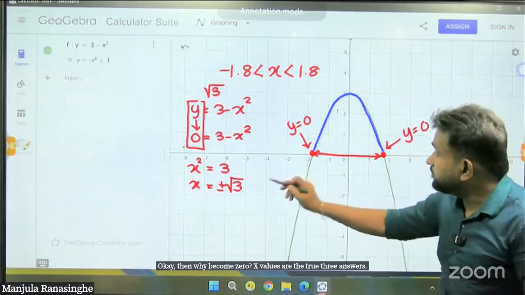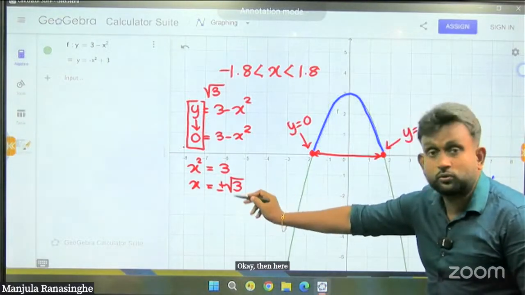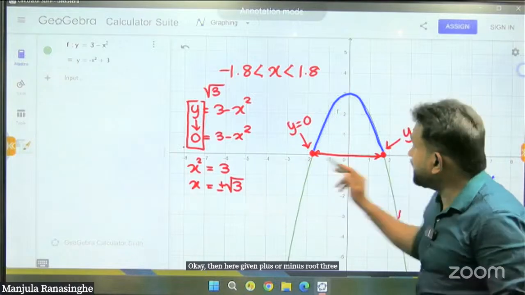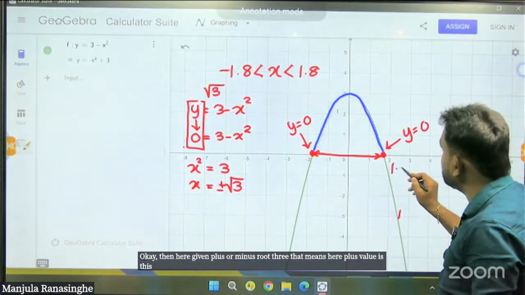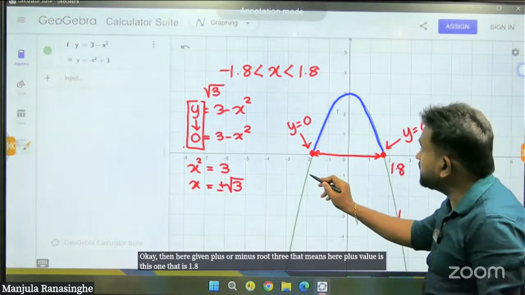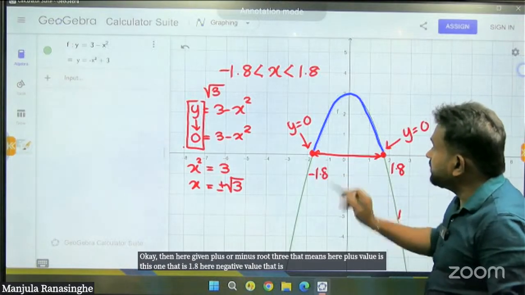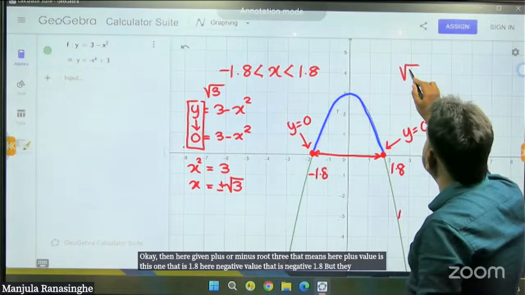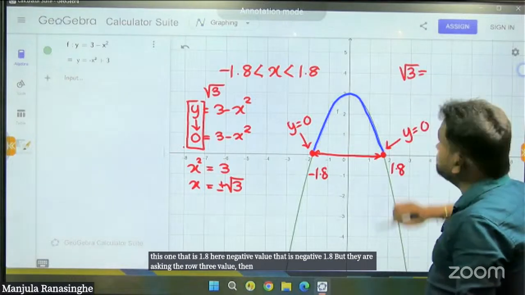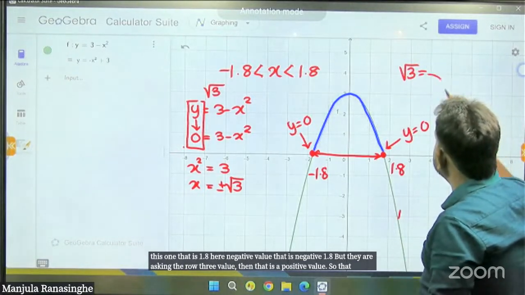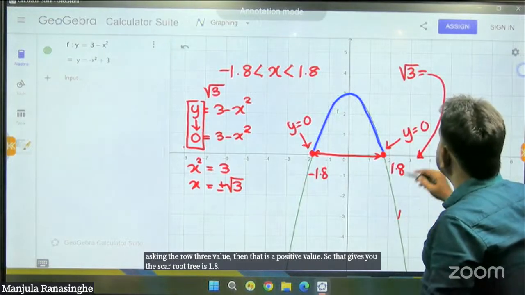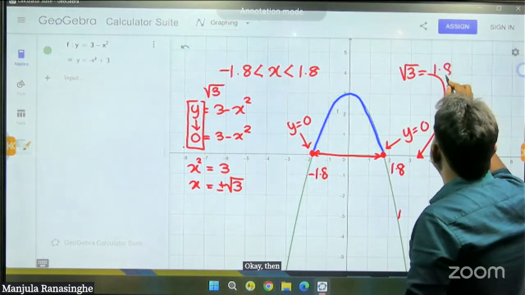Here we have plus or minus root 3, that means the positive value is this one, that is 1.8, and the negative value is negative 1.8. But they are asking for the root 3 value, which is the positive value, so that gives you square root 3 is 1.8. Then you give the answer 1.8.